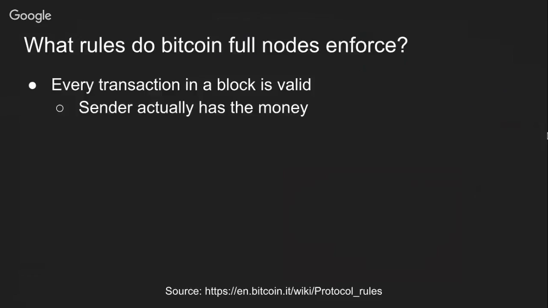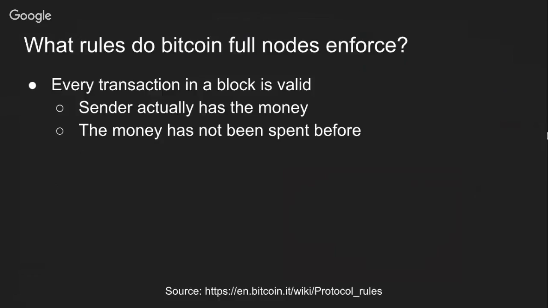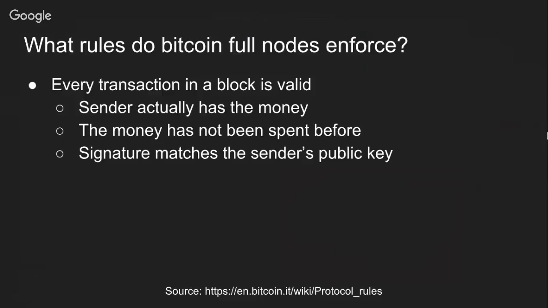They're not just printing money out of thin air. The money has not been spent before, so basically preventing double spending. And the signature actually matches the sender's public key, so other people can't spend your money on your behalf.